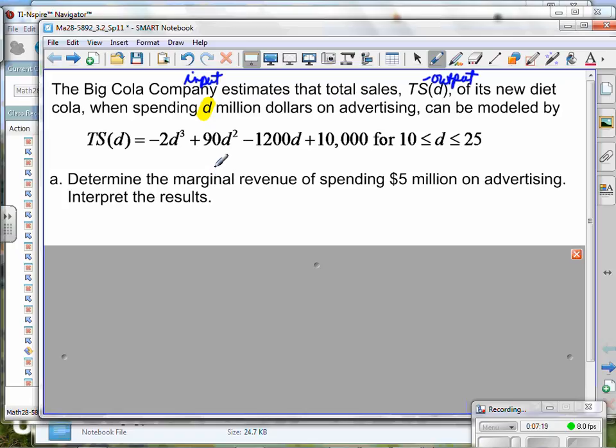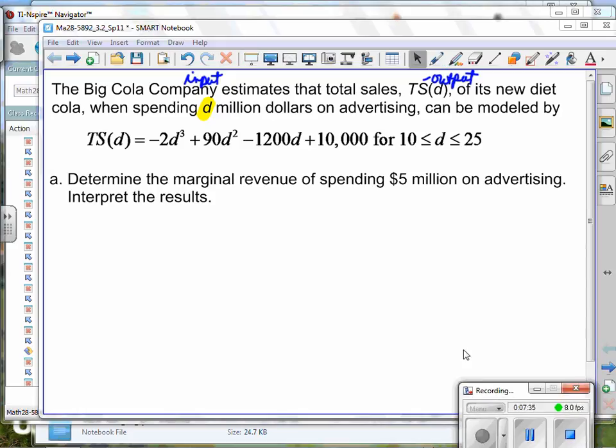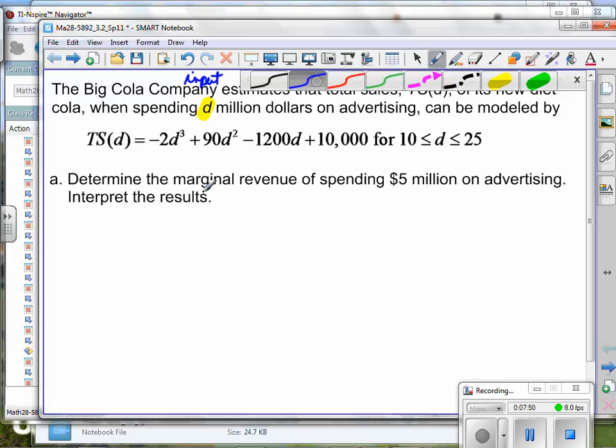You're in teams now in the company, so use the groups there and come up with an answer. Okay, what's marginal revenue got to do with calculus? To determine marginal revenue, we need to analytically do what? Take the derivative. Okay, so we're going to take the derivative.